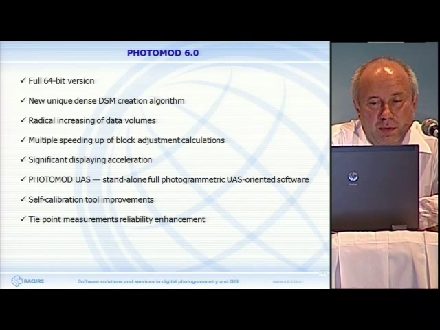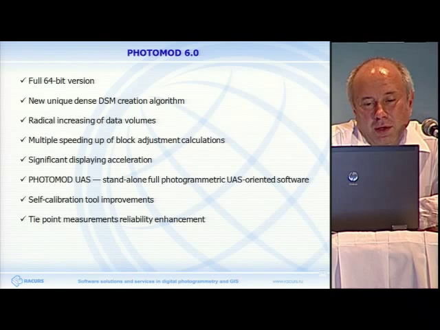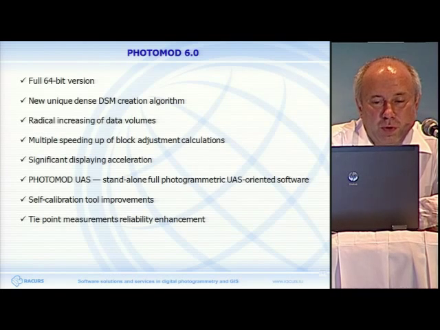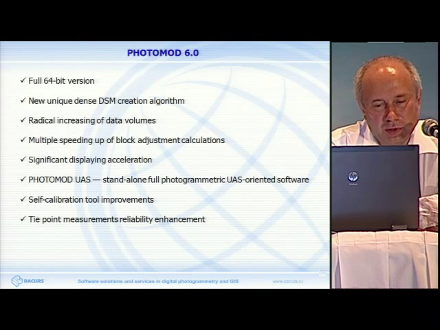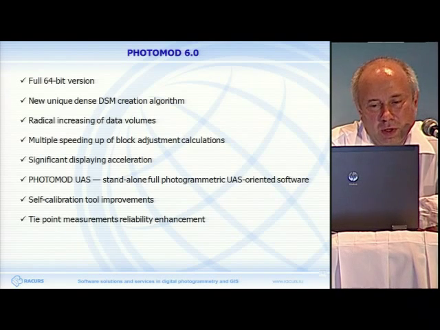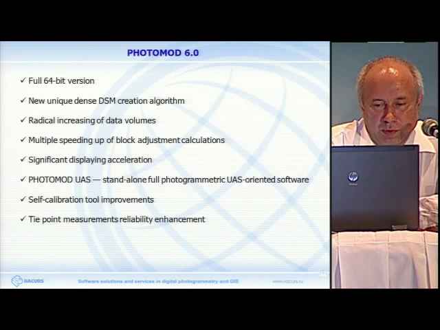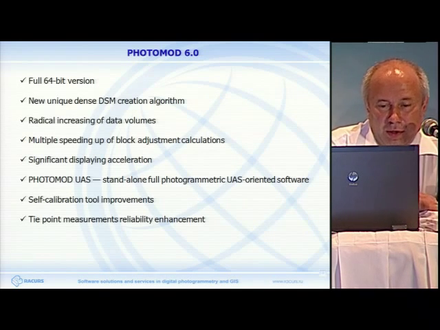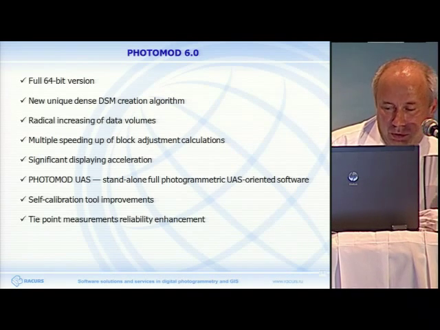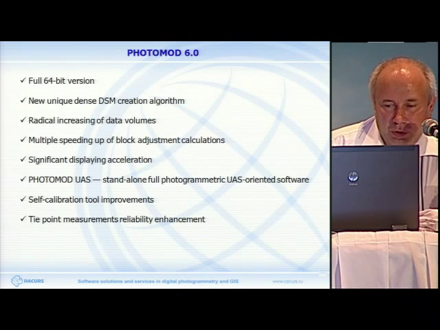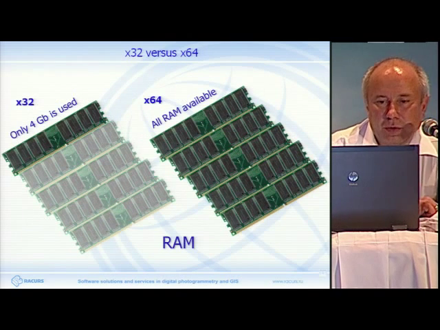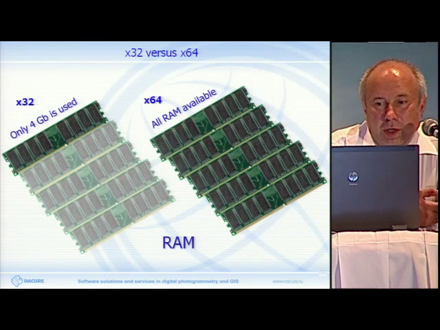Unique dense DSM creation algorithm, radical increasing of data volumes, multiple speeding up of block adjustment calculations, and also PHOTOMOD UAS, plus processing of data from UAS, unmanned aerial systems.